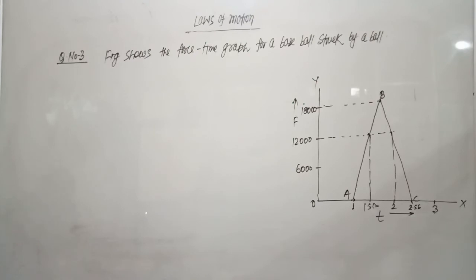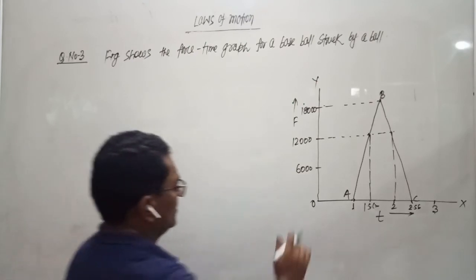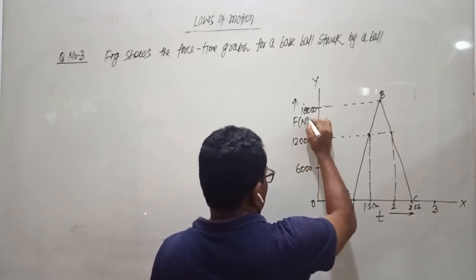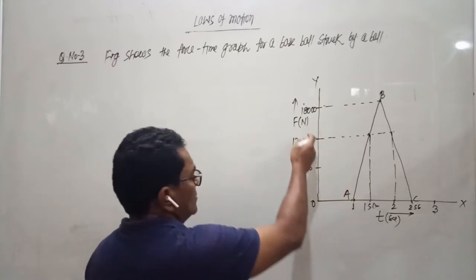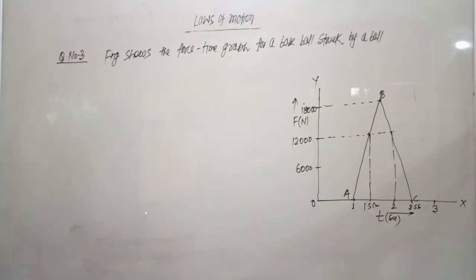Force is given in Newton and time is given in seconds: 6,000 Newton, 12,000 Newton and 18,000 Newton.